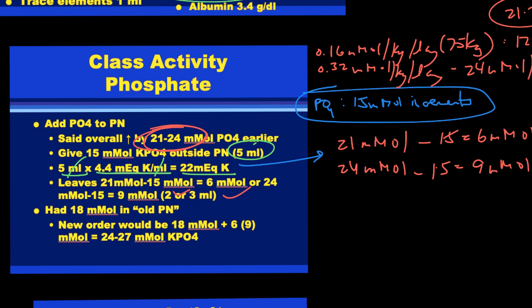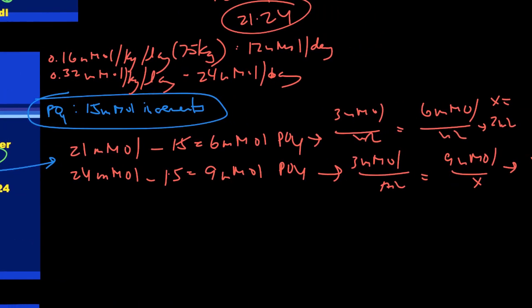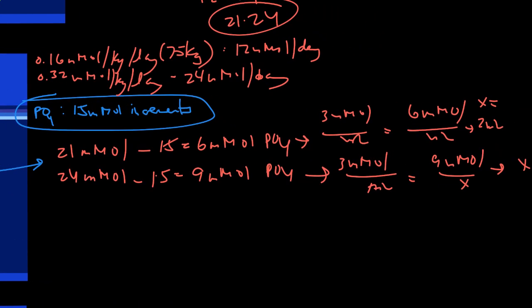So now you're gonna increase the order by either 6 or 9. Why do we say 6 or 9? Because remember, you have 6 here and 9 here. 6 to give you a 21 millimole increase, 9 to give you the 24.